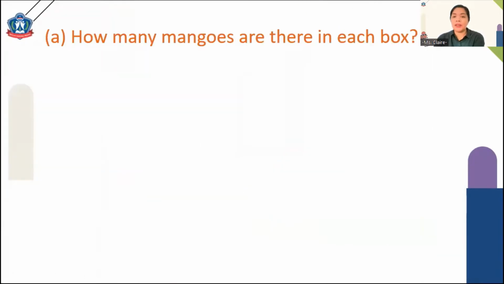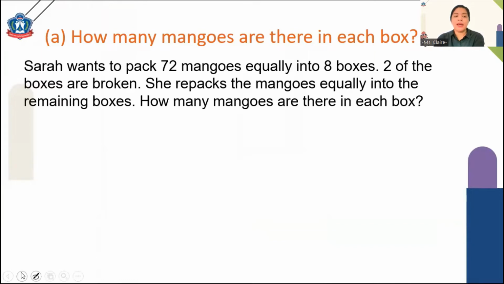Okay, I have here a problem. How many mangoes are there in each box? Take a look. Sarah wants to pack 72 mangoes equally into 8 boxes. 2 of the boxes are broken. She repacks the mangoes equally into the remaining boxes. So how many mangoes are there in each box?